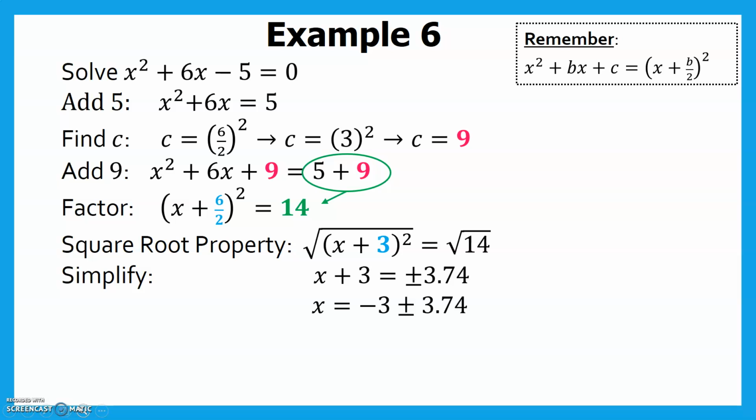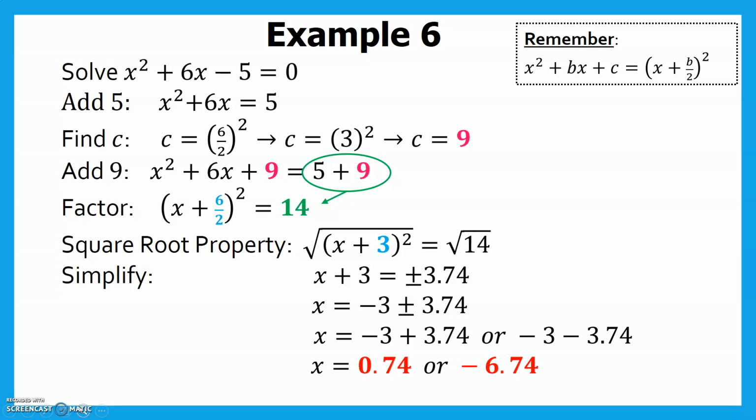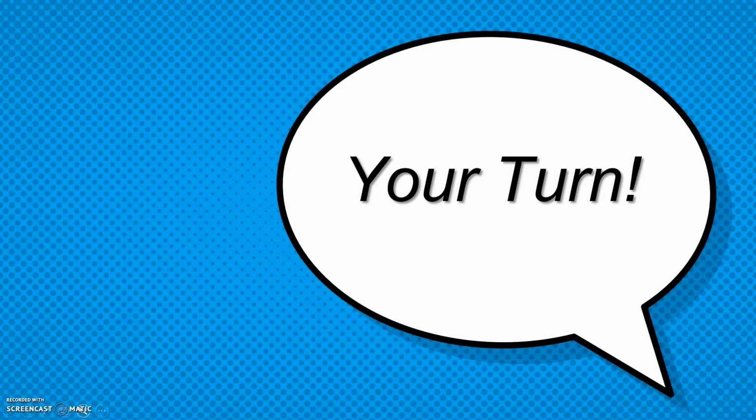I subtract 3 from both sides, and that means negative 3 plus 3.74 or negative 3 minus 3.74. And when I do the math, I get 0.74 or negative 6.74. So again, just remember that you are doing the same process every single time.